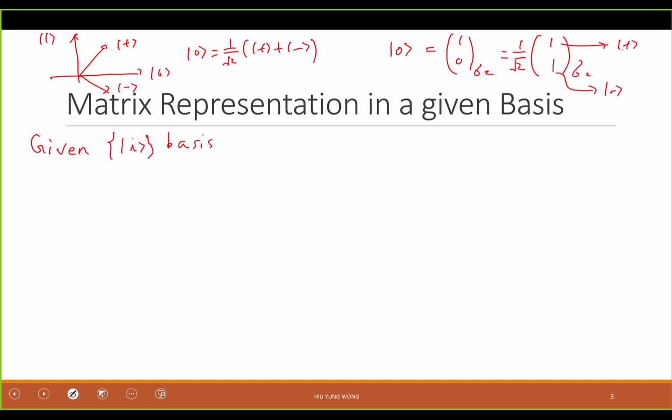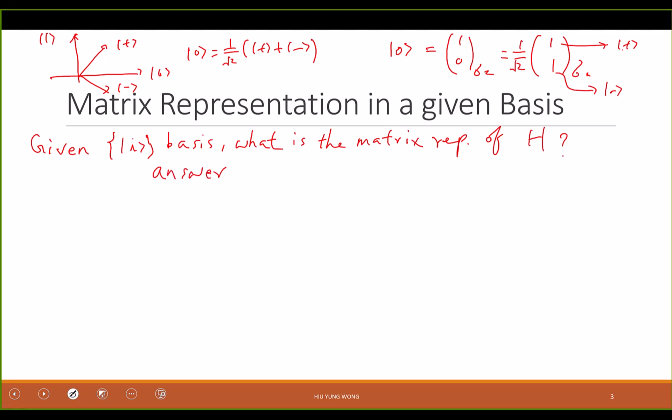Given this basis, what is the matrix representation of an operator H? The answer is the elements of H, Hij. Hij equals ⟨i|H|j⟩.